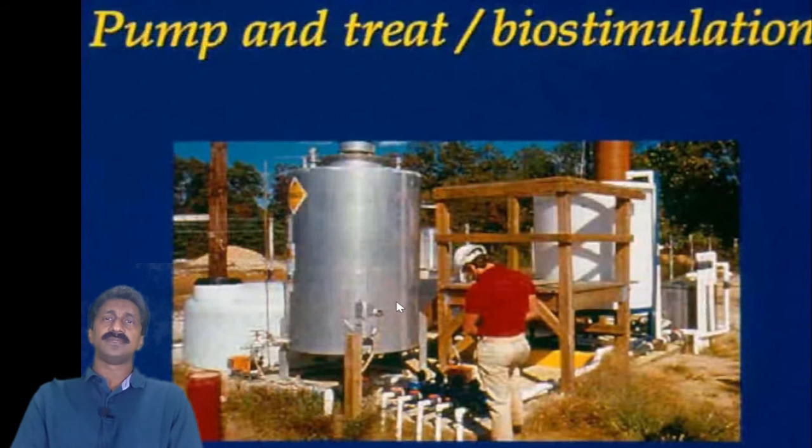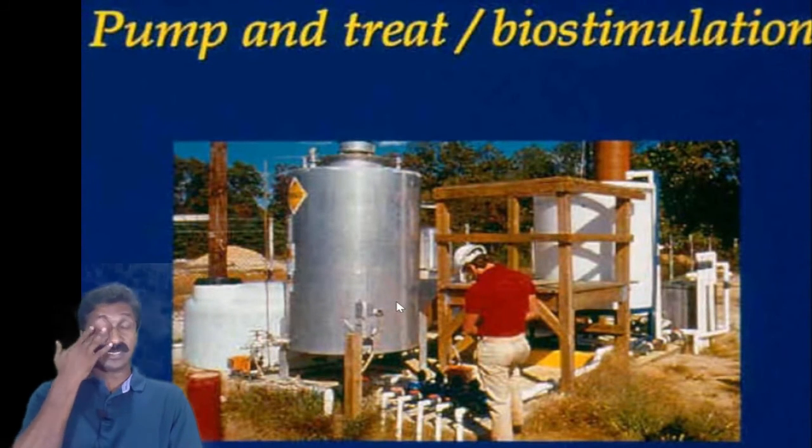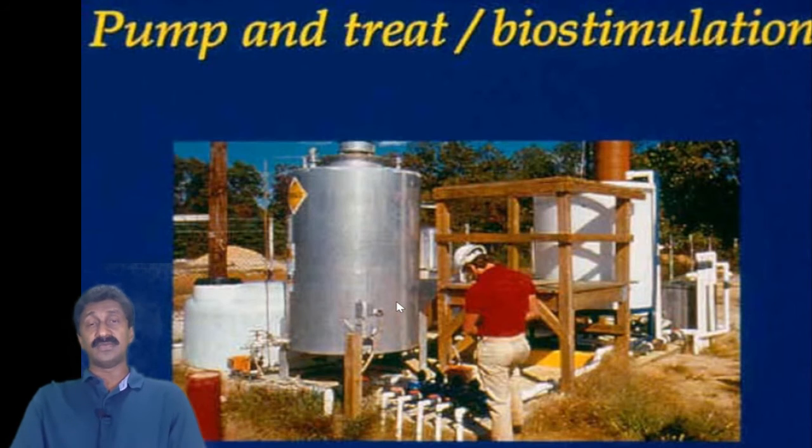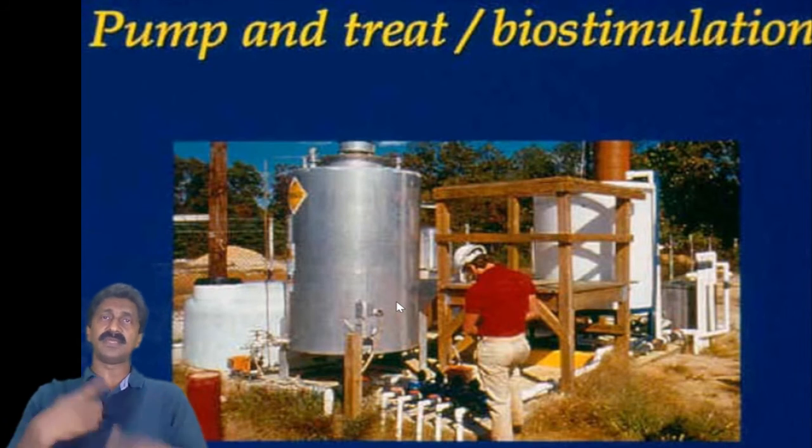So this is a pump and treat biostimulation method, an existing practice. In pump and treat, the contaminated water in the underground is taken out first, then treated and reintroduced. So this is one method, pump and treat, and then it will be recirculated.